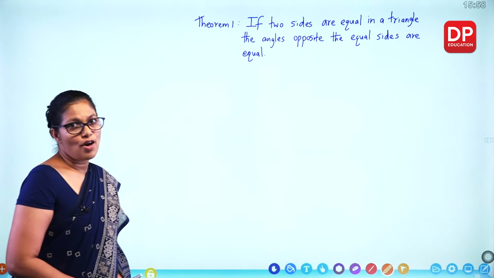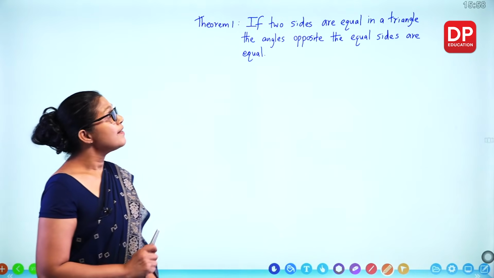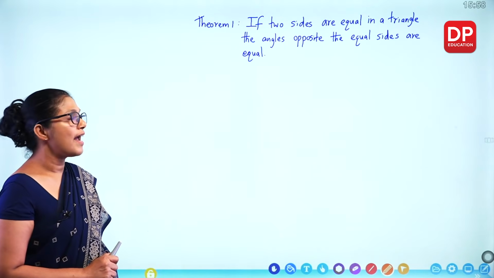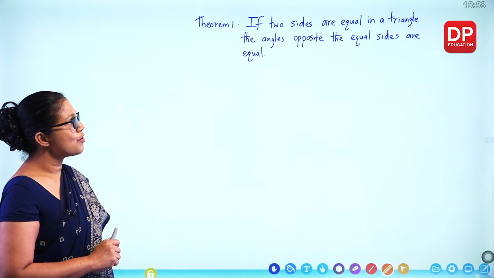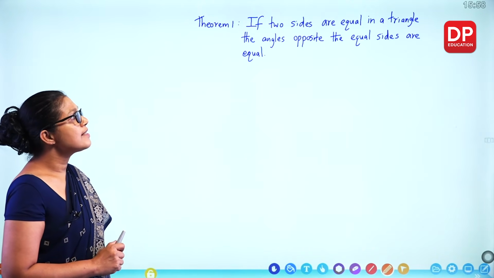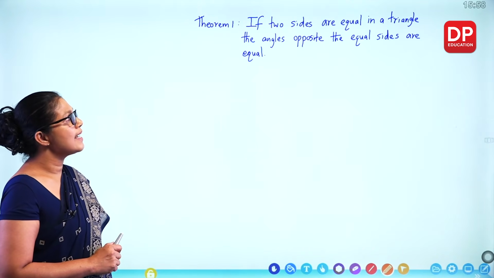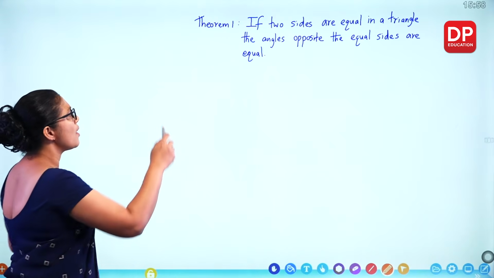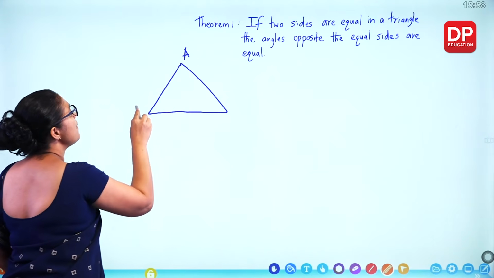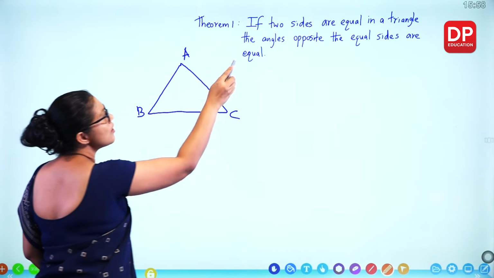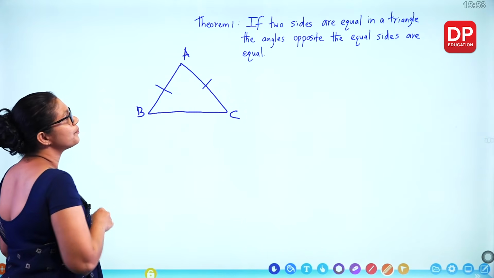Now we'll take Theorem 1 in your textbook. This is about isosceles triangle. It says if two sides are equal in a triangle, the angles opposite the equal sides are equal. So what does it mean? When you take a triangle ABC, two sides are equal.